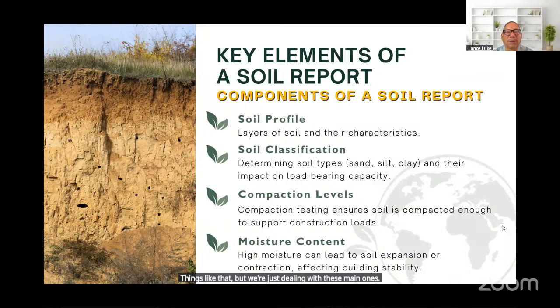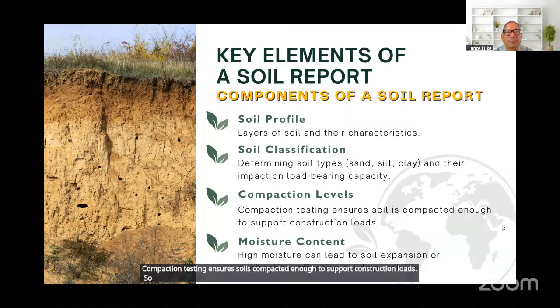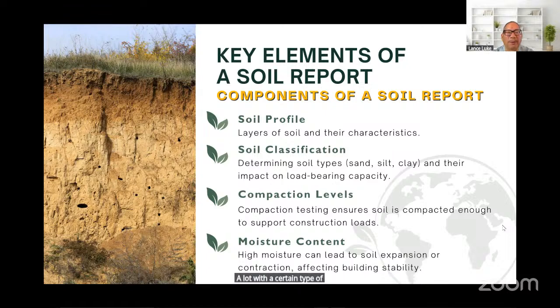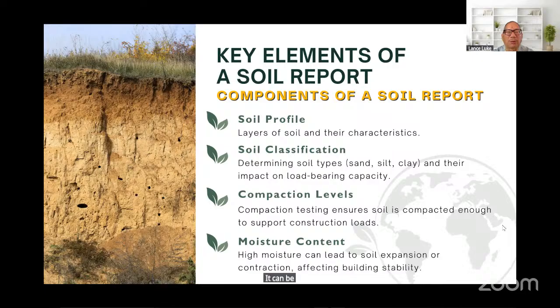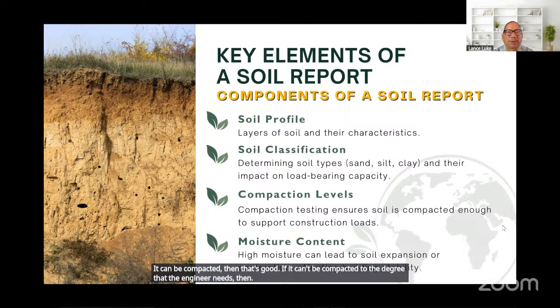Compaction level. Compaction testing ensures soil is compacted enough to support construction load. So let's say you have a lot with a certain type of soil. You bring in equipment to compact it, and if it can be compacted, then that's good. If it can't be compacted to the degree that the engineer needs, then something's going on.